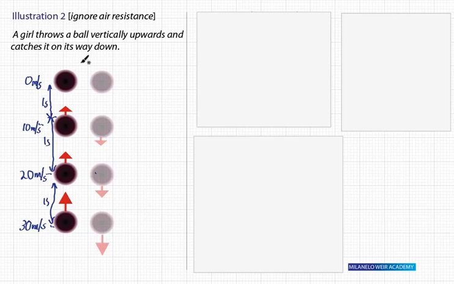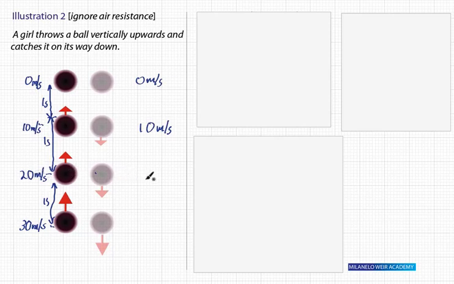When you throw something vertically upwards, at maximum height it is 0, right? So here we have 0 meters per second. Here, same point, it will be the same speed, 10 meters per second. On its way up, at this point, the velocity was 20.